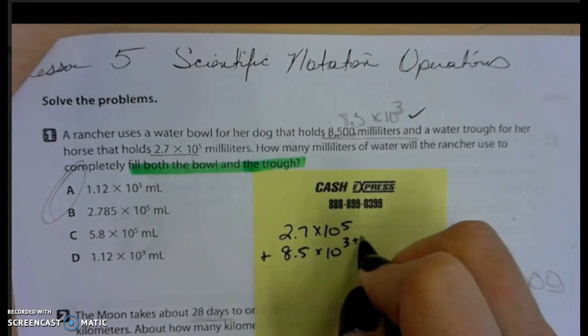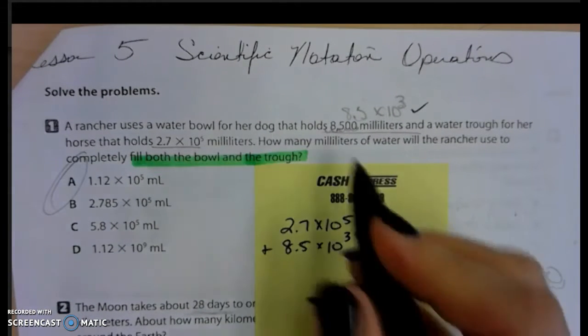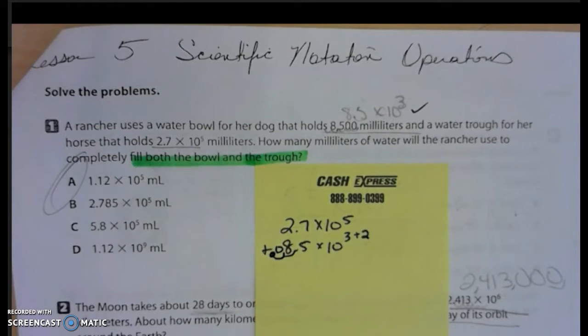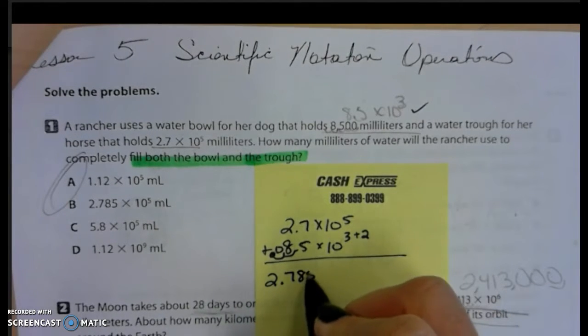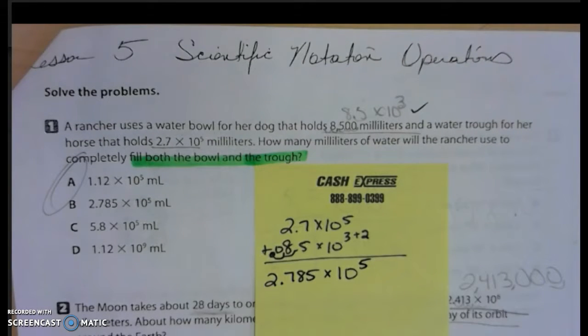I'm going to increase the 3 2 more places to make it 5. When I increase my exponent, I decrease my constant, giving me 0.085. So 2.7 plus 0.085 gives me 2.785. And then I keep the base 10 the same. They do not combine. And I get B as my answer.